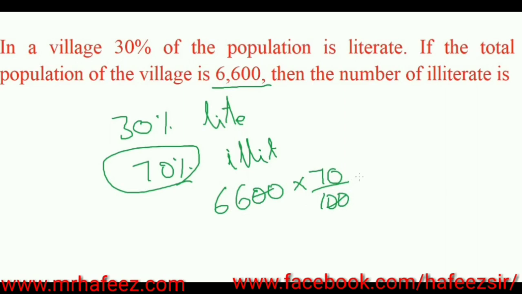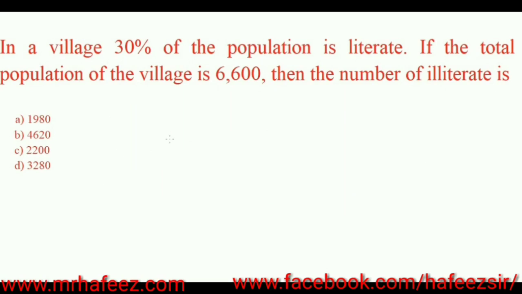Two zeros cancel. 6 sevens, how much? 42, carry 4, 46. So answer is 4620.